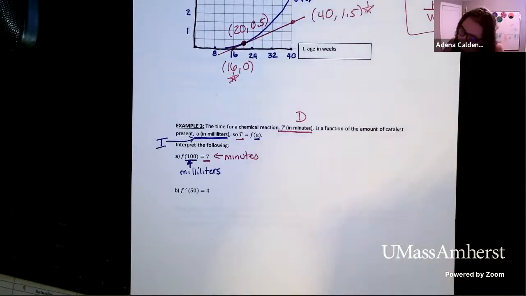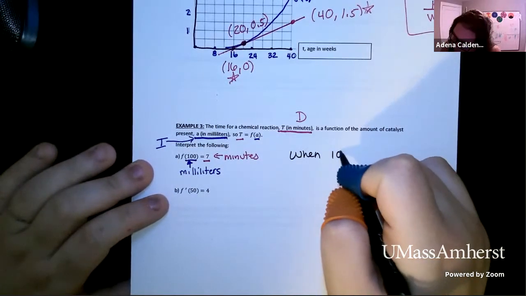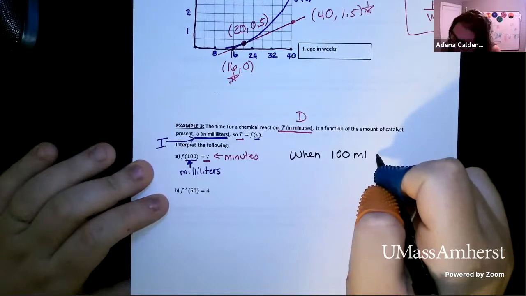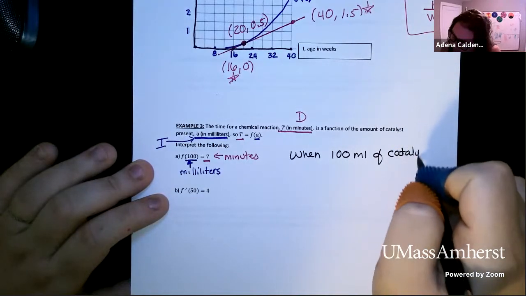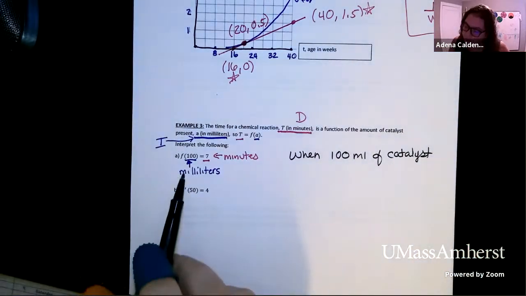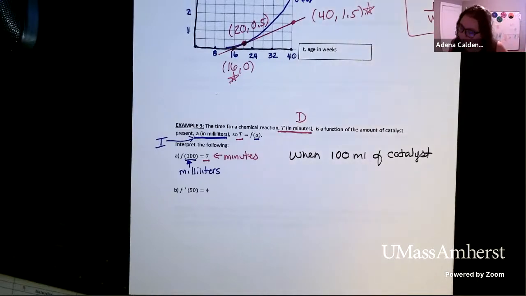So we would say something like, when 100 milliliters of catalyst, because remember that 100 milliliters is talking about the amount of a catalyst, which is something you add to a reaction.